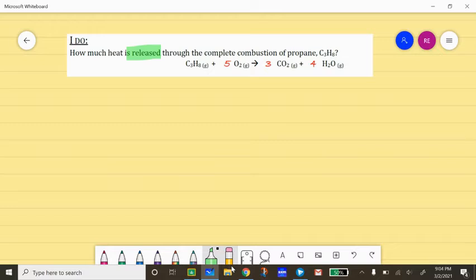We take the sum of the enthalpies of the bonds being broken and subtract the sum of the enthalpies of the bonds being formed. We look at the difference between the two to figure out how much heat is released, or sometimes absorbed. In this case it says it's released, so we should get an exothermic reaction.